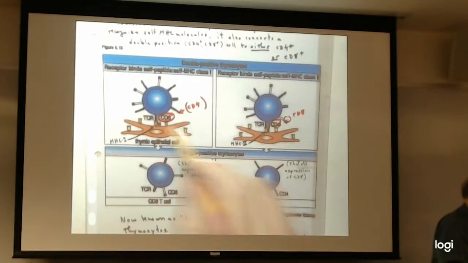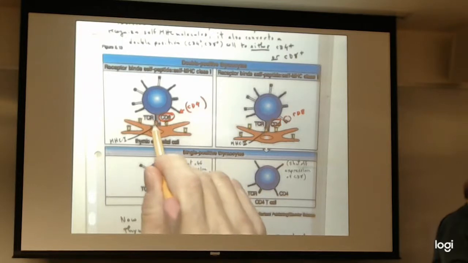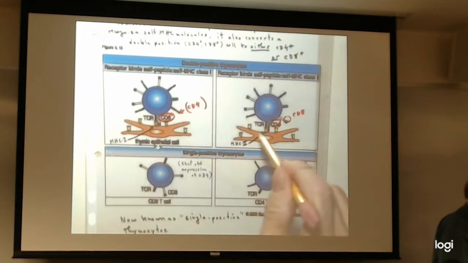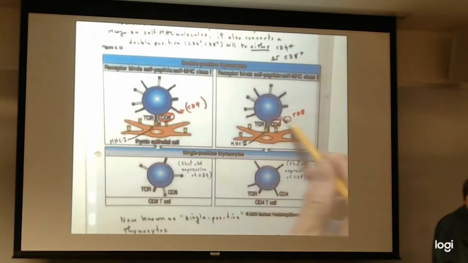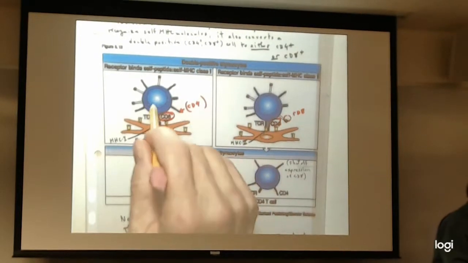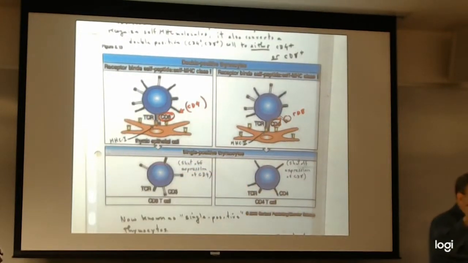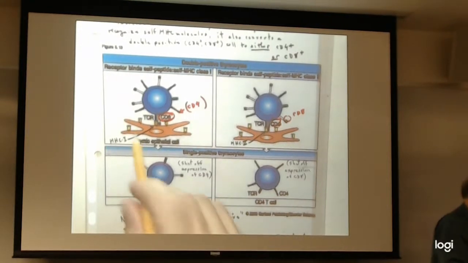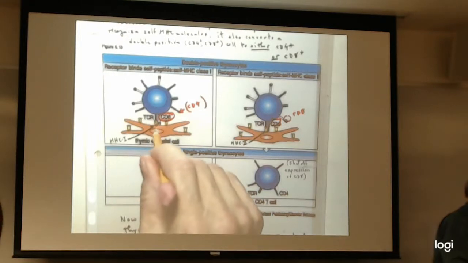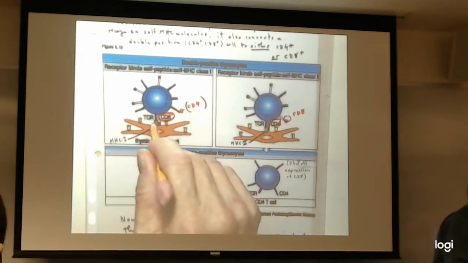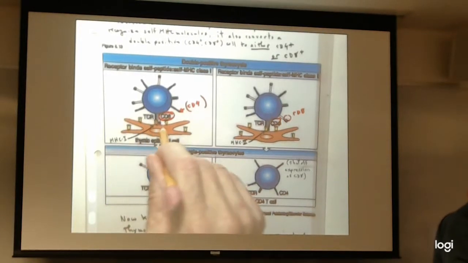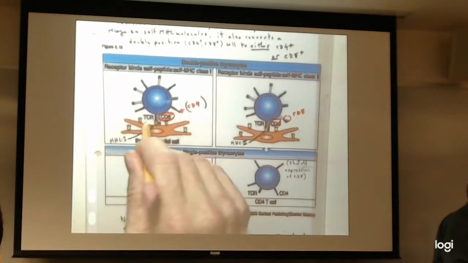And so a T cell receptor might bind well to a class 1 molecule, but not very well to a class 2 molecule, or vice versa. Maybe it binds well to both class 1 and class 2, but that would be rare. It'll finally find an MHC1 molecule pretty early on, and it binds tightly to it, so good, okay?